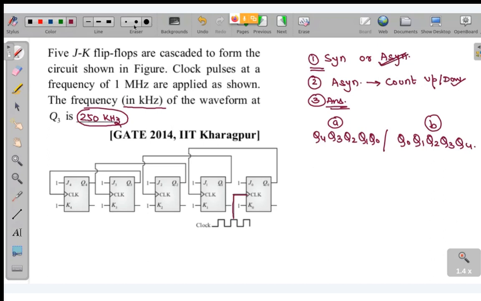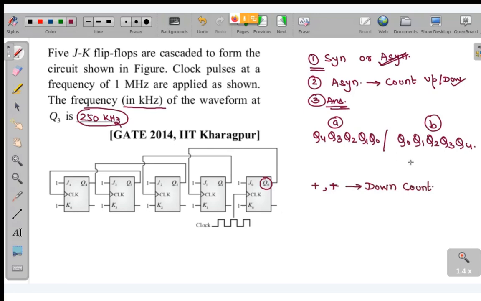You can see over here that the clock is positive edge triggered. Along with that, your output is taken from the non-complemented part. So that is plus, same sign, that means down counter. So over here we will be counting down.